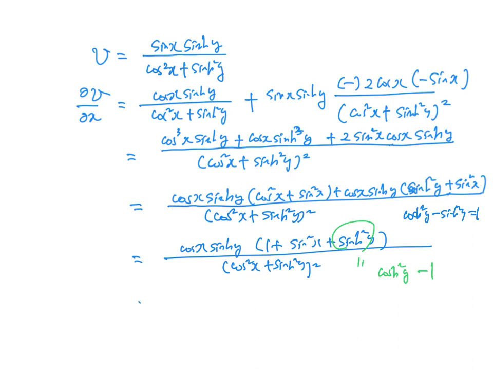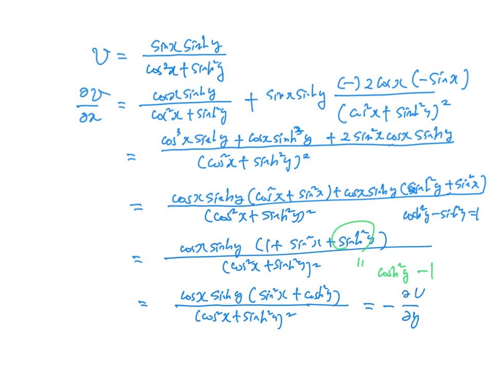So we have finally cosine square x plus sine hyperbolic square y square, cosine x sine hyperbolic y, sine square x plus cosine hyperbolic square y, which is minus. So f of z satisfies the CR condition.